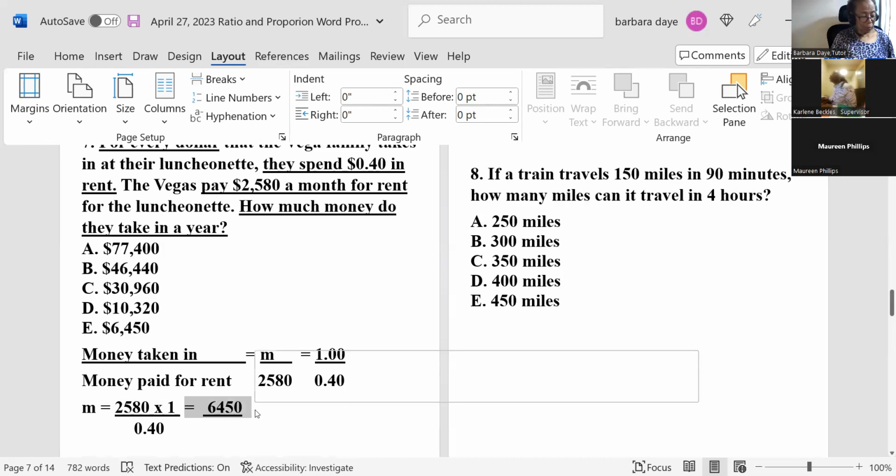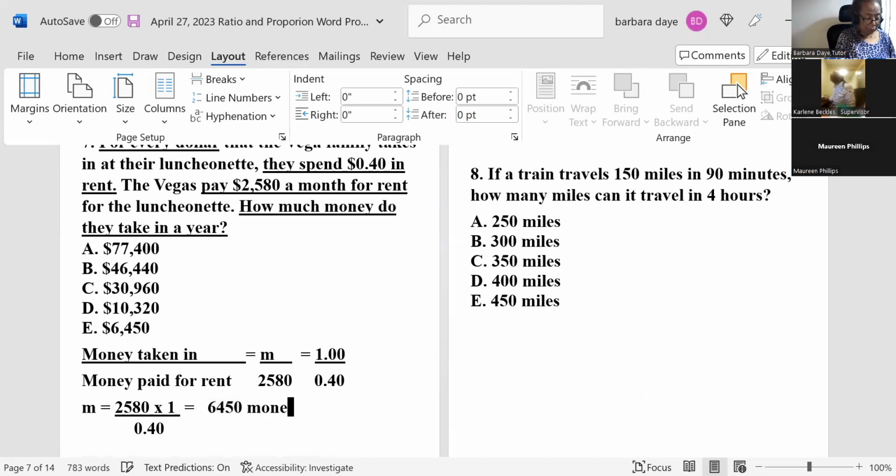The money that they take in a year? No, remember the rent is a month. So this would be the money they took in a month. Let me just write it here.